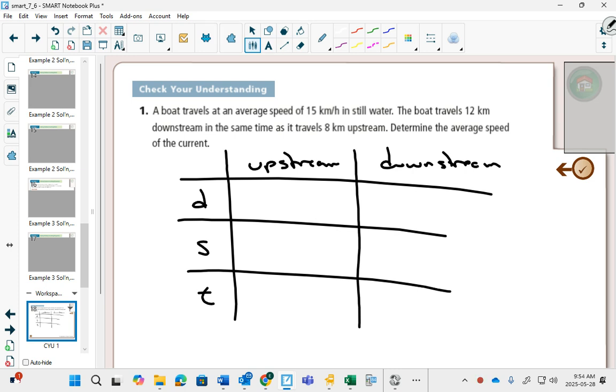A boat travels at an average speed of 15 kilometers per hour in still water. The boat travels 12 kilometers downstream, so we know the distance downstream is 12 kilometers. In the same time, it travels 8 kilometers upstream. We need to find the average speed of the current.